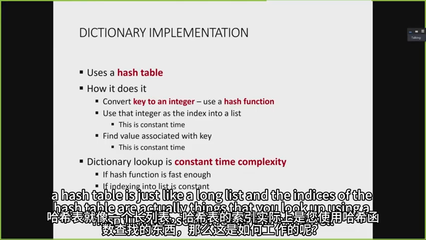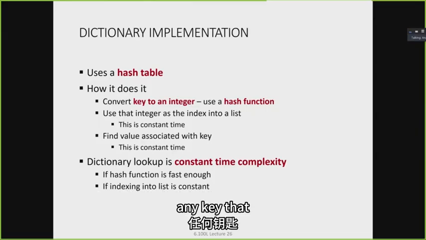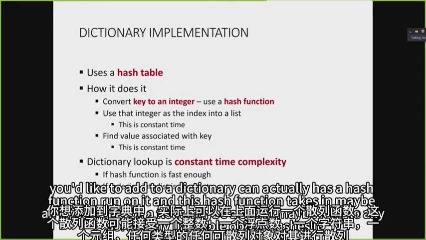A hash table is just like a long list, and the indices of the hash table are actually things that you look up using a hash function. Okay. So how does this work? Well, any key that you'd like to add to a dictionary has a hash function run on it.